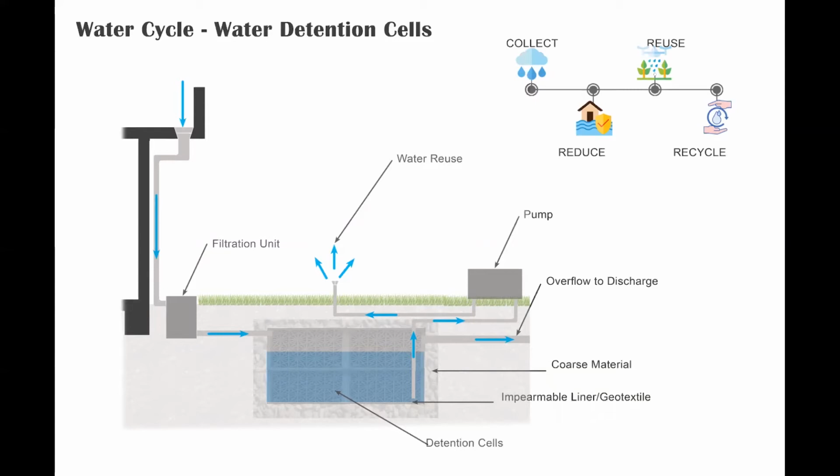The whole idea is to collect the water, reduce flooding, and recycle the water. As we can see, the water can be filtered and then saved for different uses. The whole system can be implemented in different areas around town, but it can also be implemented in residential places.